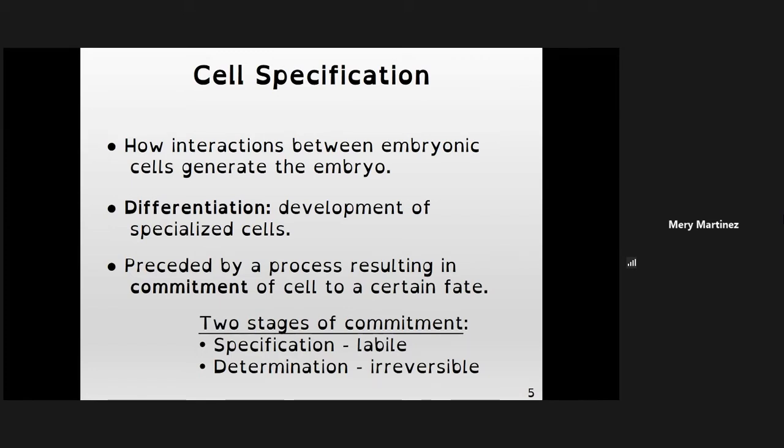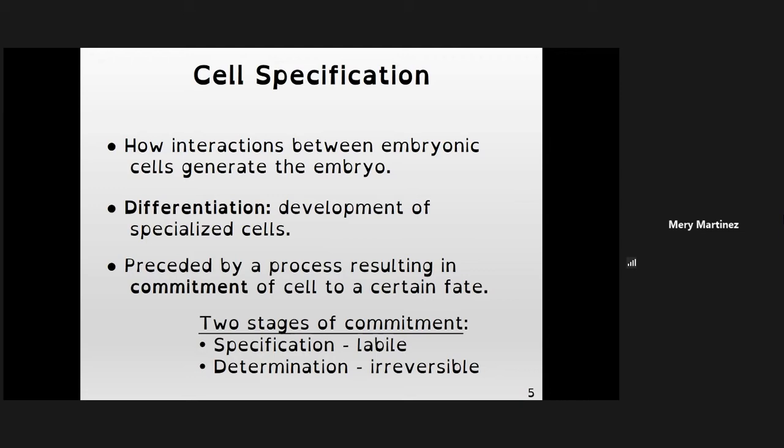These changes in cellular biochemistry and function are preceded by a process called commitment. And that's what I talked about a couple of minutes ago, the commitment of the cell to a certain fate. So cells at this point may not look any different. However, their developmental fate has become restricted.